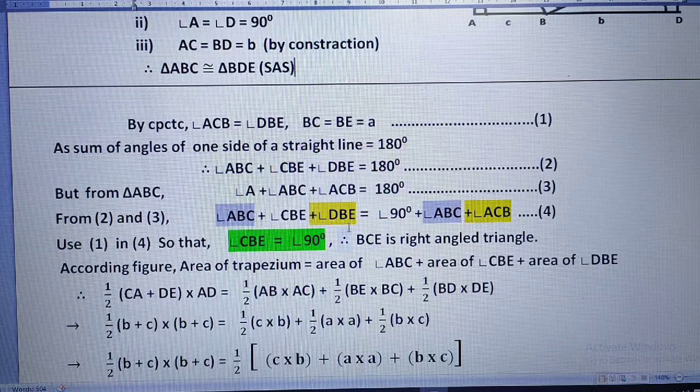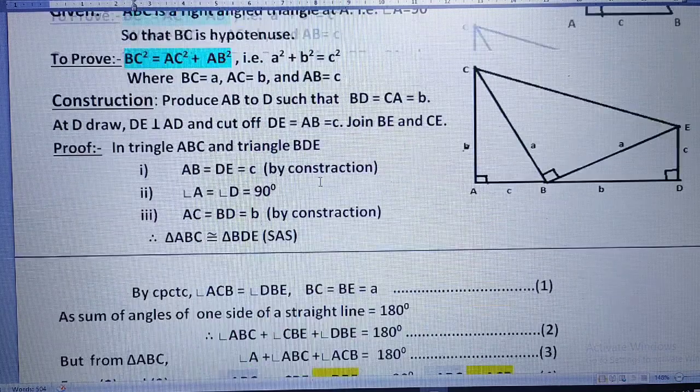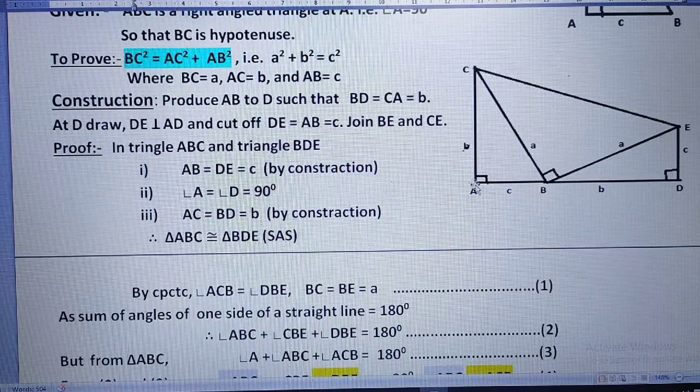And statement 4, with reference to this, we got angle CBE is equal to 90 degree. That's why BCE is a right angle triangle. But according to the figure, it is a trapezium, ADEC. Now you have to prove it.